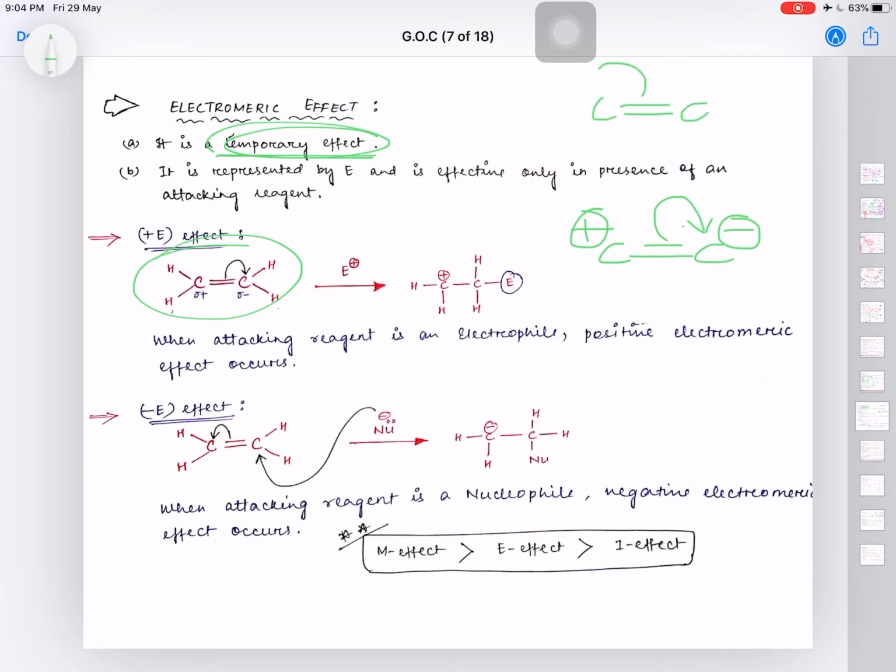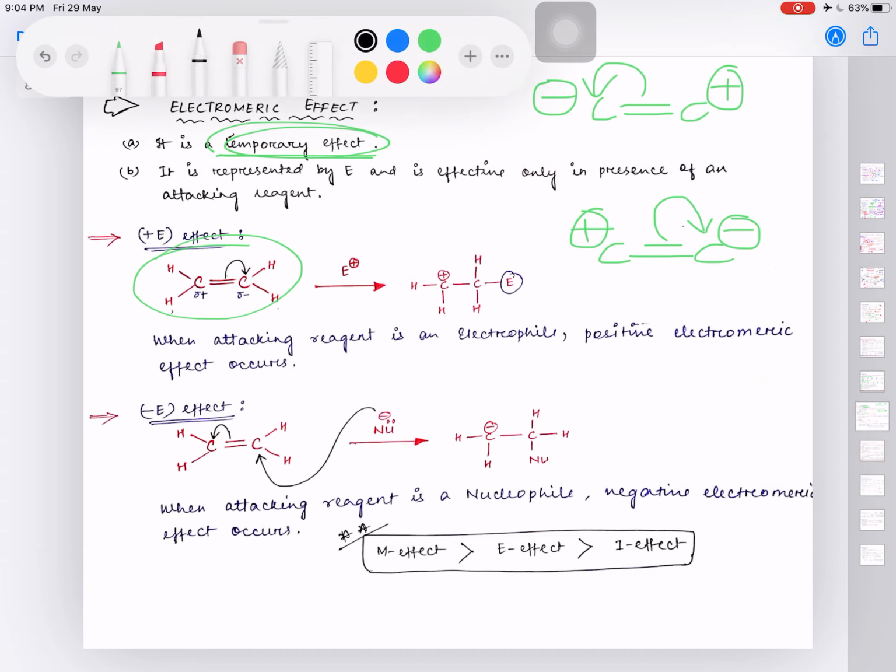The pi electrons can go to the first carbon, which then has a minus charge, and the other has a plus charge, so both ways are possible with equal probability. But the catch comes here.